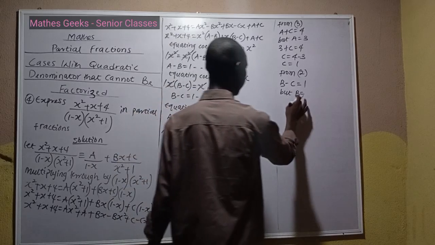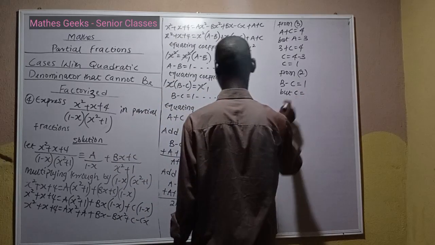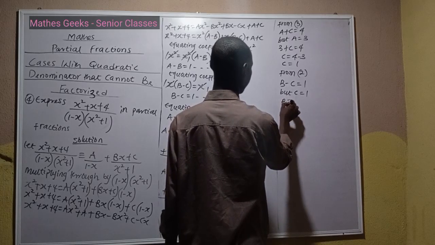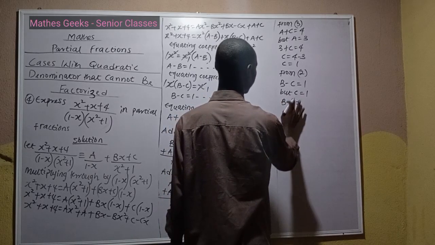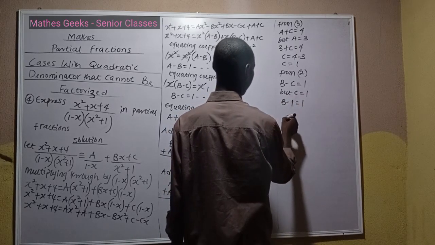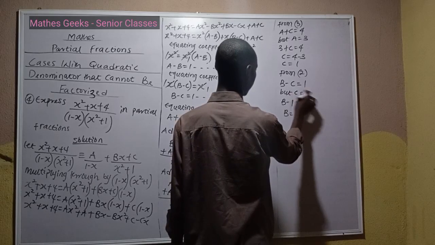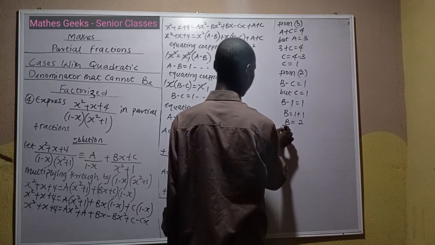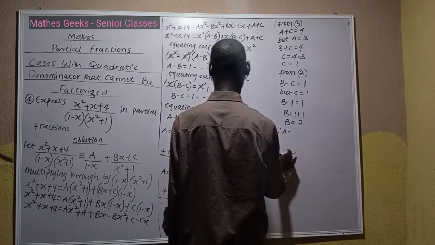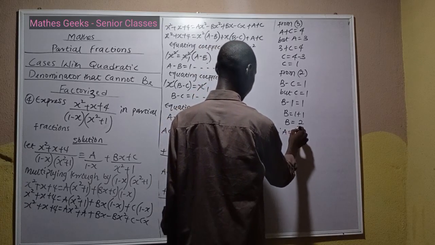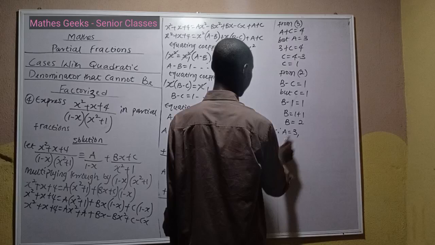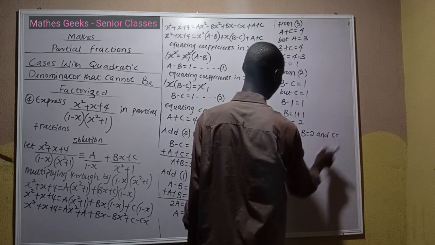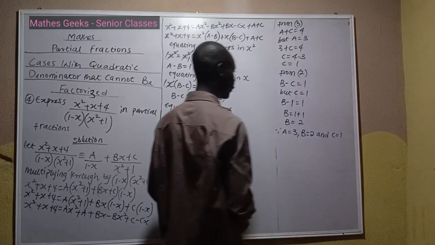We've not got the value of b, but c is equal to 1. So b minus 1 equals 1. So b, when this crosses, comes plus, so b is equal to 2. Therefore a is equal to 3, b is equal to 2 and c is equal to 1.